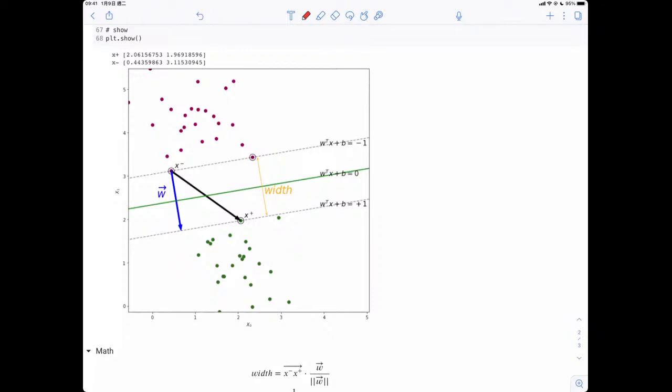So if we find those support vectors, one of the support vectors is right here, the other one is right here.